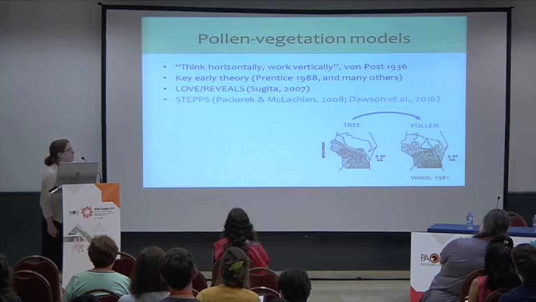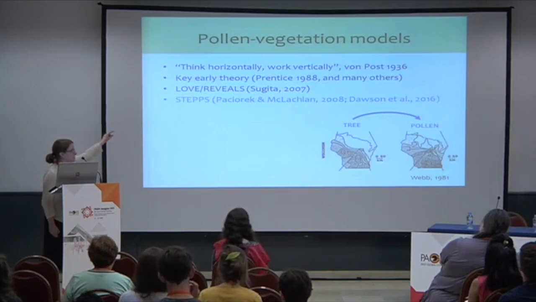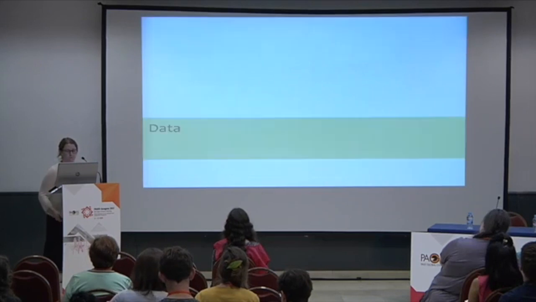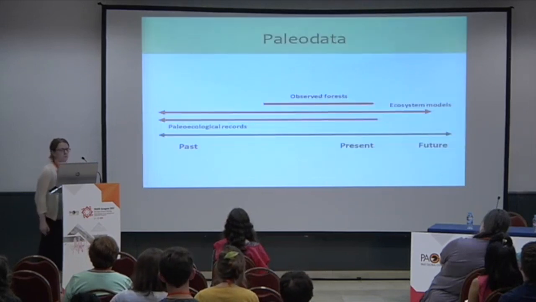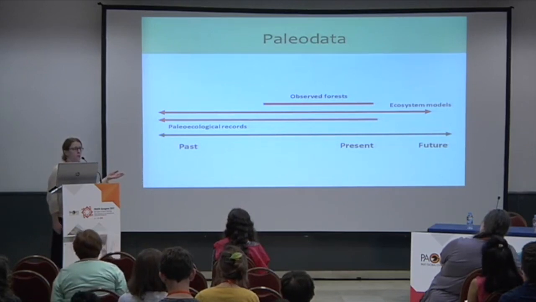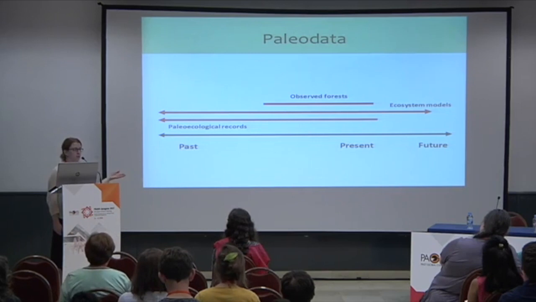So today I'm going to talk about what we call STEPS. And so this is a pollen vegetation model that builds on theory that many others have developed before us. And so in order to do this pollen vegetation model, we need to somehow be able to build a model that links pollen to vegetation.